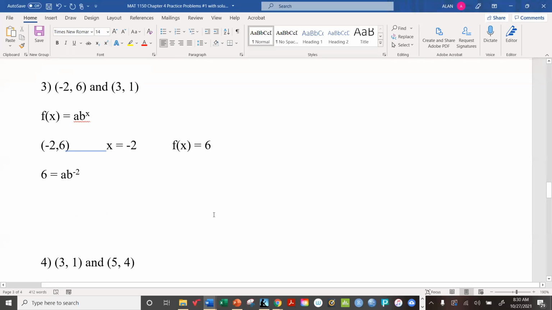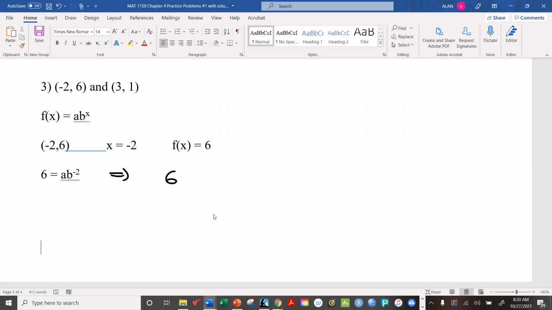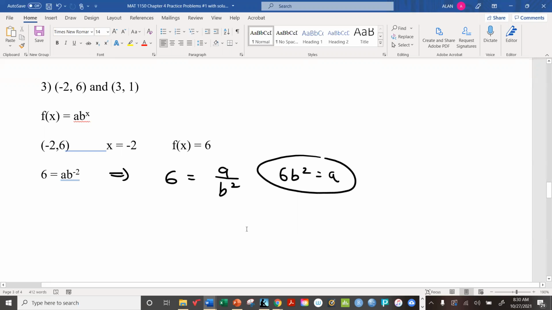Now we have to watch it with this one because negative exponents are very confusing, at least potentially. So what we might want to do here is rewrite this. 6 equals a over b squared, because that's what it means. And then if you multiply both sides by b squared, you've got your answer for a. But again, just watch out with those negative exponents.